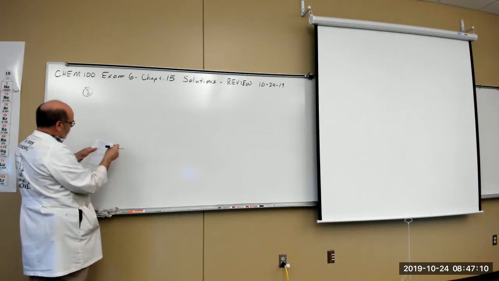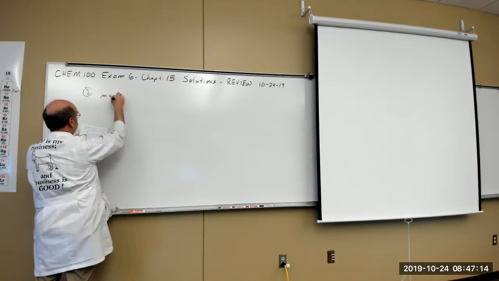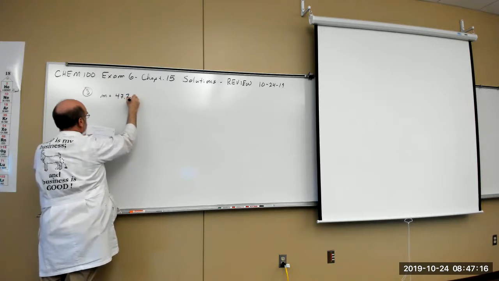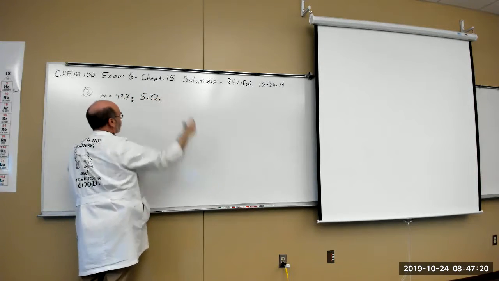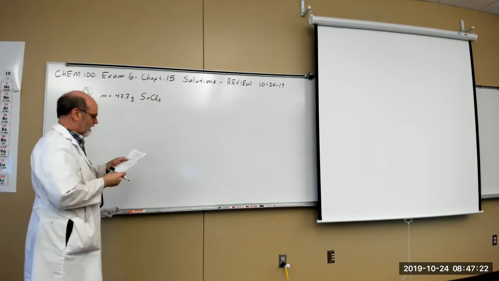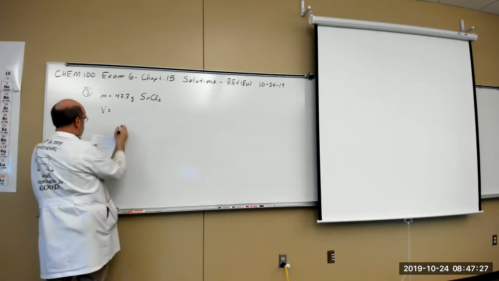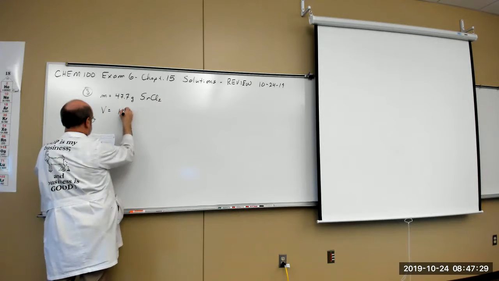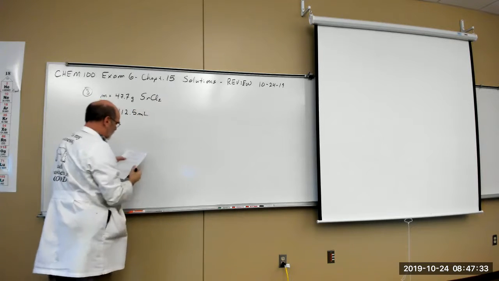So we're given a mass of 47.7 grams of strontium chloride. And we're going to dissolve it in a volume of 112.5 milliliters.